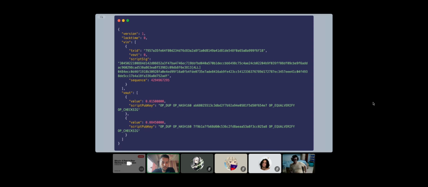There is this sequence number we are not going into in these talks, and we have this script sig field. And one of the things that we usually put in this script sig is a signature, a digital signature that authorizes me to spend some value in the system. And we are going to dive deeper today on the mathematics behind these numbers here and how those things are verified, right?